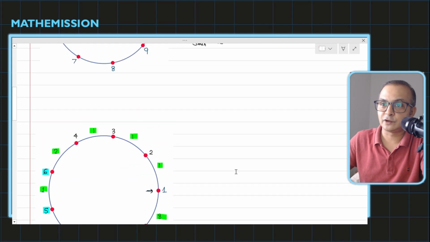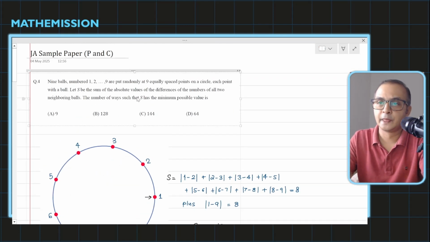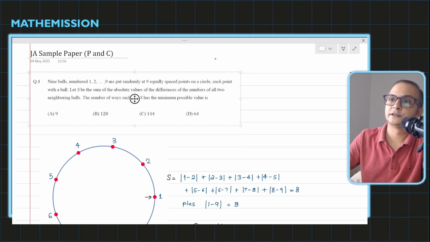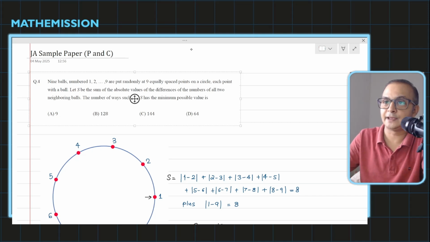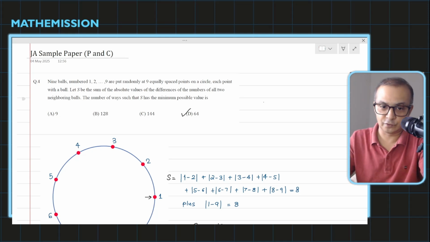So this question originally is from a sample paper, but it is a single correct answer question. So I will go with 64 because I assume that the question is asking for the case when anti-clockwise and clockwise are considered the same.